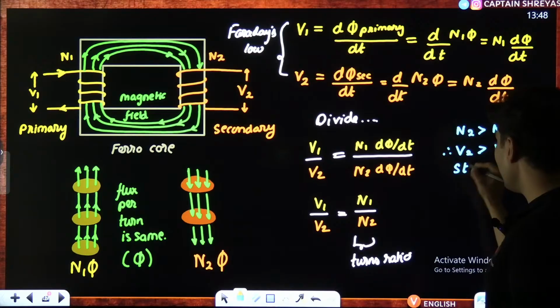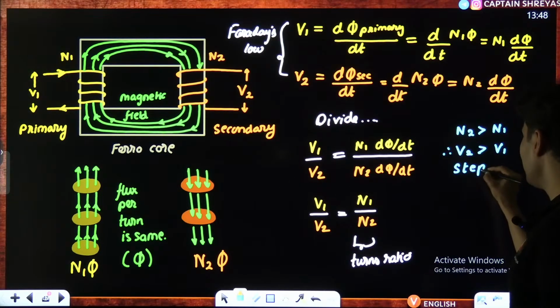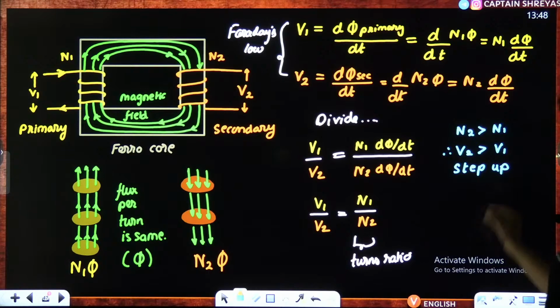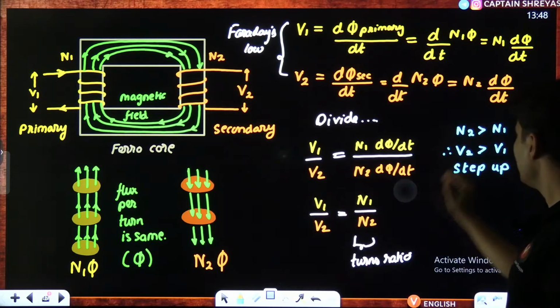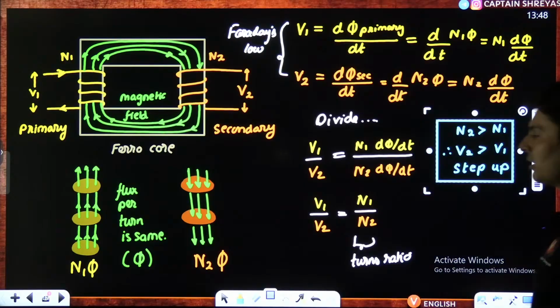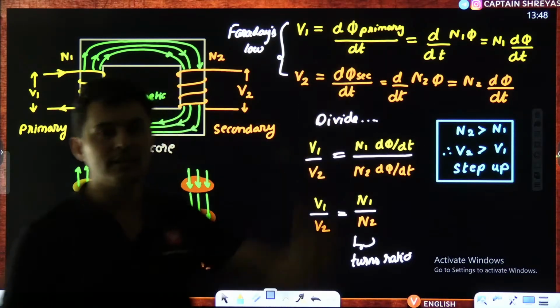This is increasing the voltage from here to here. That is why it is called a step up operation or a step up transformer, when the number of turns on the secondary is higher and the voltage increases.